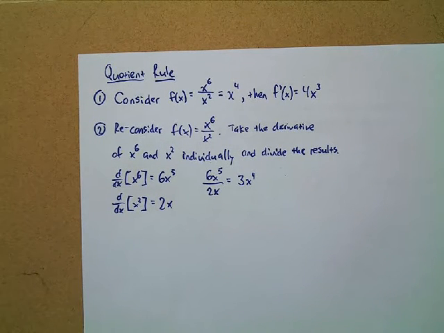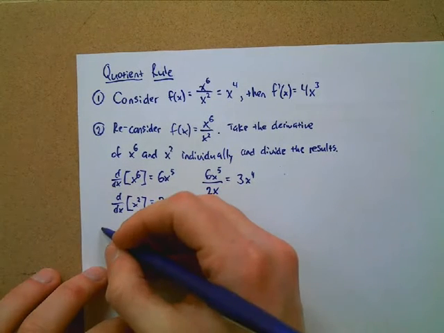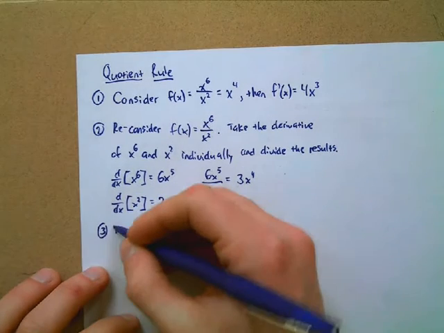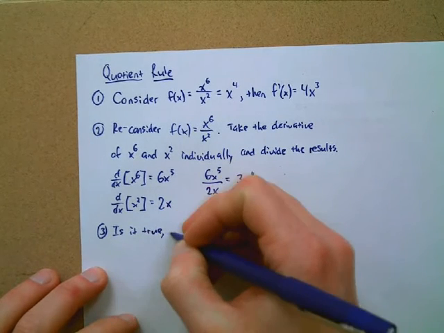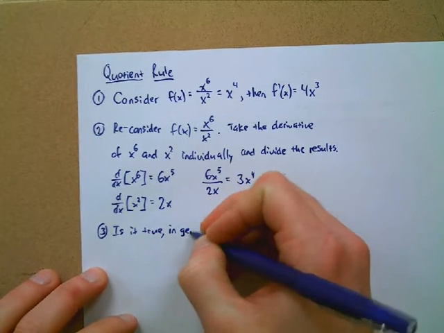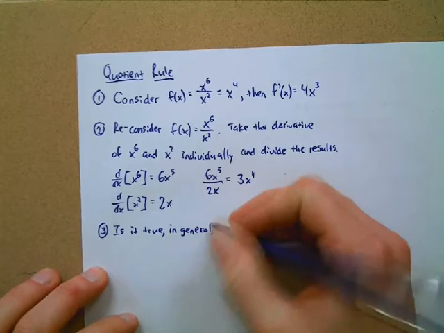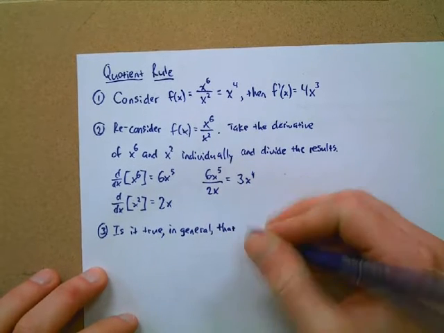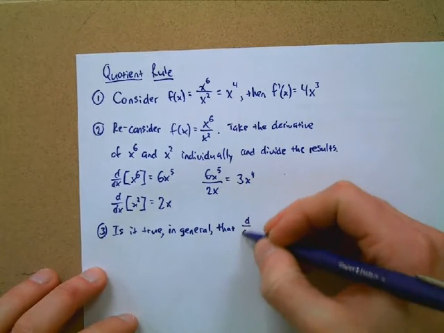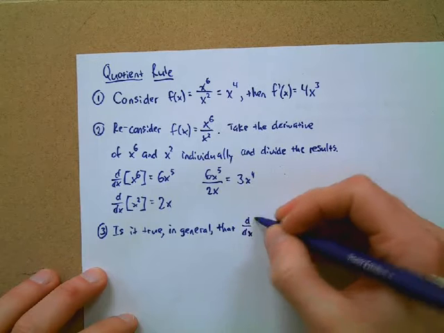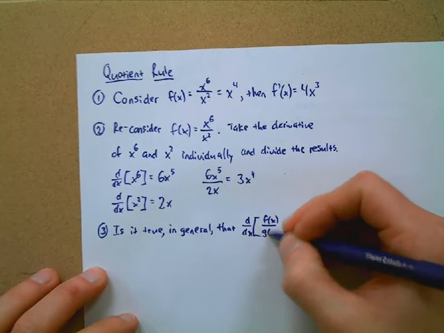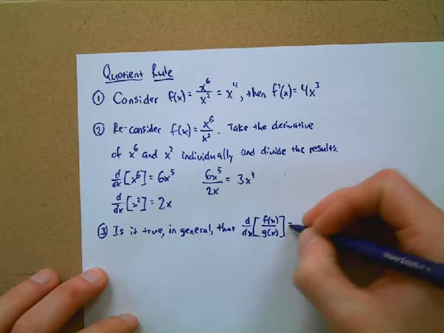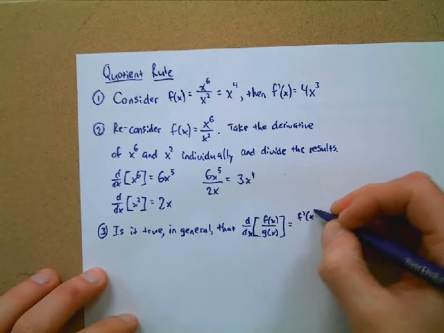So, with those results, is it true, in general, that the derivative with respect to x of f of x over g of x equals f prime of x over g prime of x?